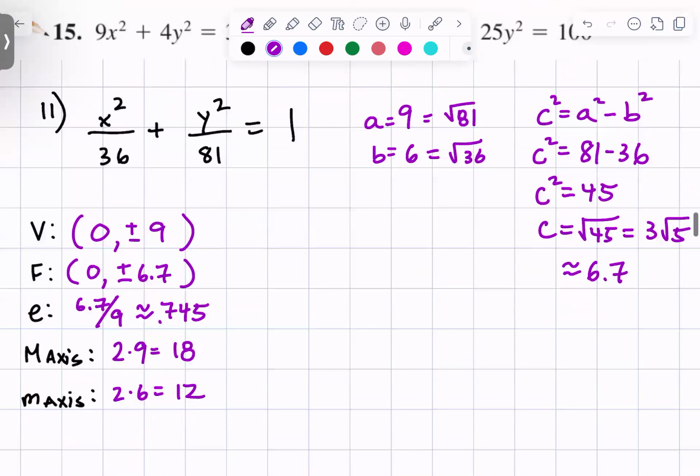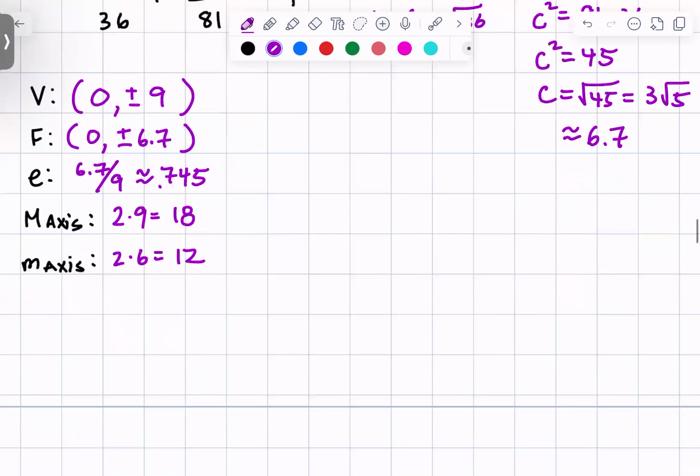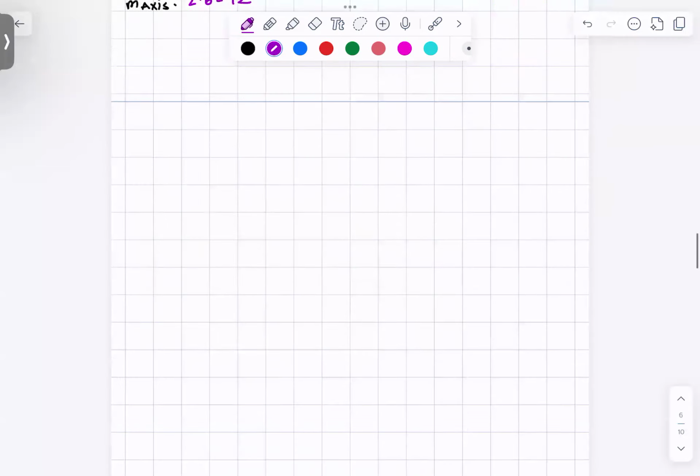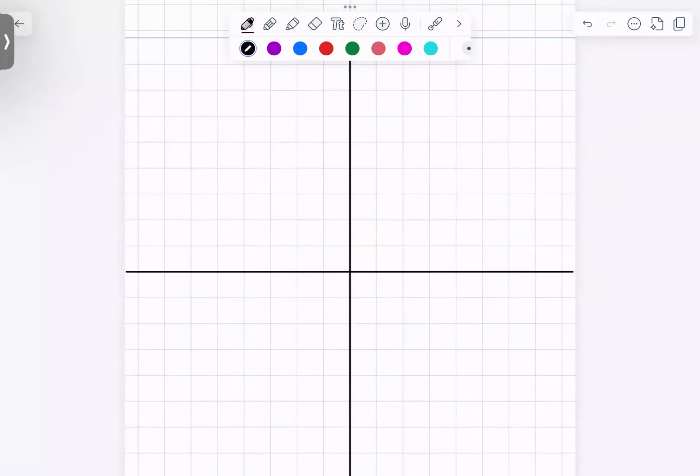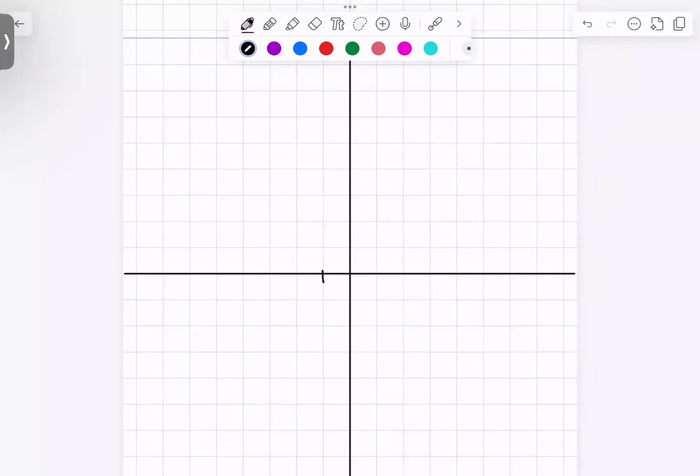Any questions here? No? So when we graph it, since it's 9 and 6 that I have to go to, I'm going to make each unit equal to 3. So that's -3, that's +3, that's 3, and that's -3.